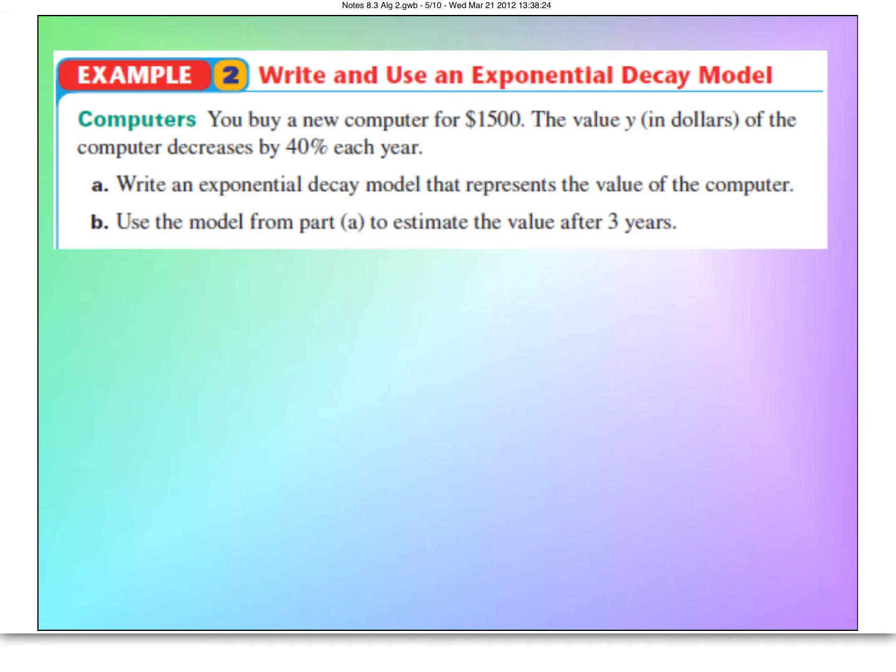Let's look at a second example. This one's going to be decay, and if you listen as I read it, you'll see why. You buy a computer for $1,500, so that's our starting amount. The value y in dollars of the computer decreases by 40% each year. So write a decay model. Again, the model format would be beginning amount times 1 minus the rate to the t.